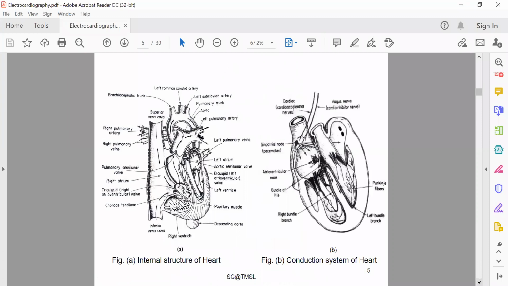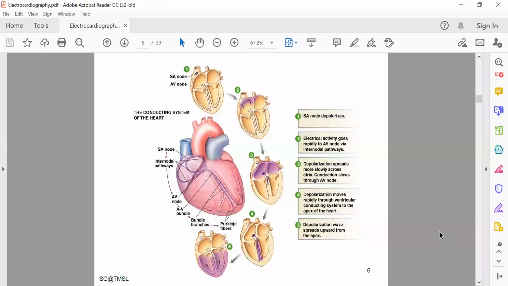This is the internal structure of the heart and the conduction system, which I have told you about earlier. First is the SA node, which depolarizes, and electrical activity goes rapidly to the AV node via internodal pathways from the SA node.